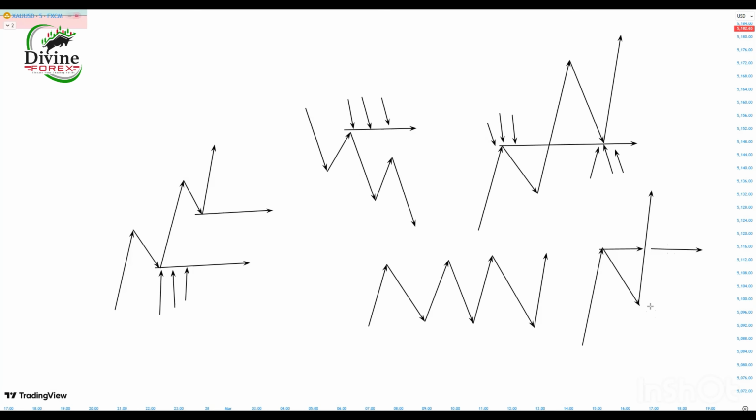If this level is broken, the market can do two to three scenarios. It can either come to test this level of support over here and then go to the upside, or it can create a new level of support or resistance and go to the upside.